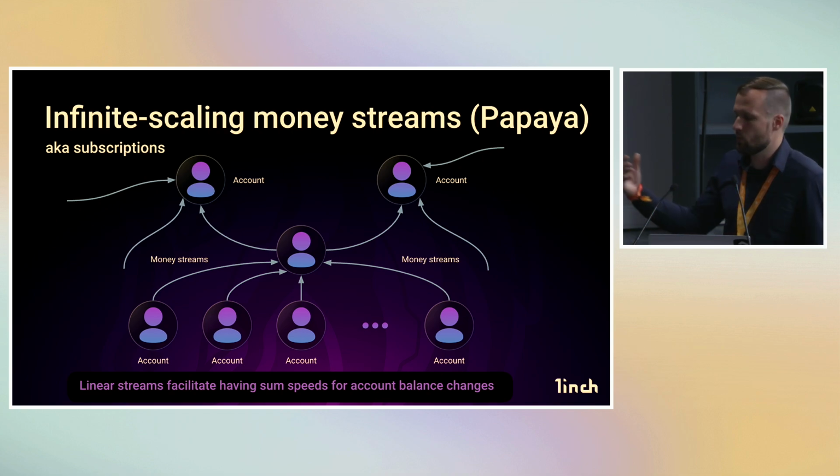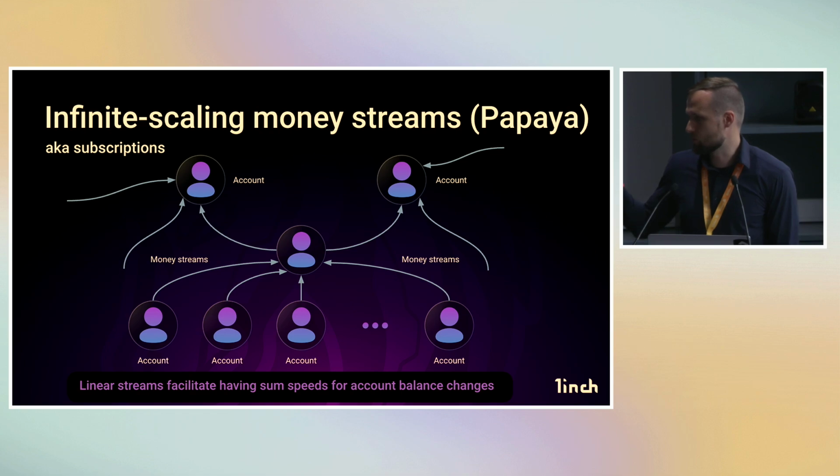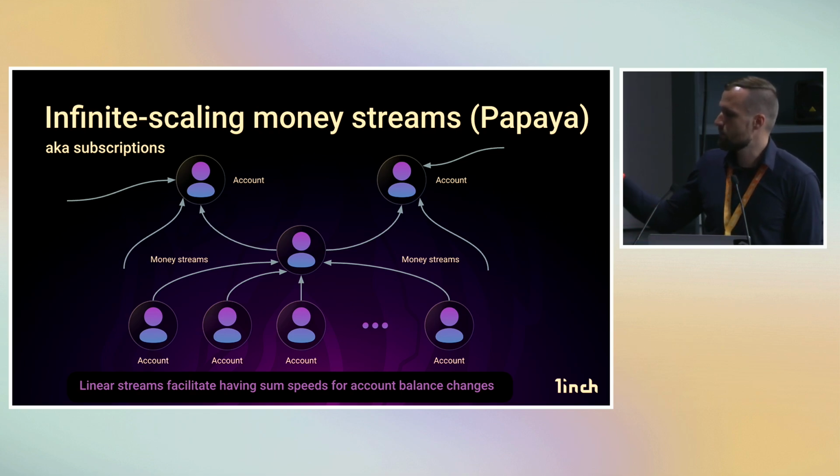Whenever someone opens a new stream, closes a stream, or changes a stream, these numbers are recalculated for the involved participants, and then you can count your next balance based on your previous balance, how much time has passed, and your total speed. It sounds basic, but that's what actually allows you to have infinite scaling money streams.